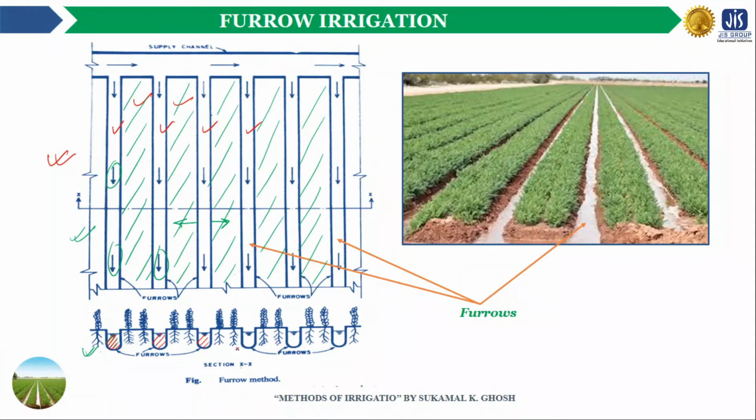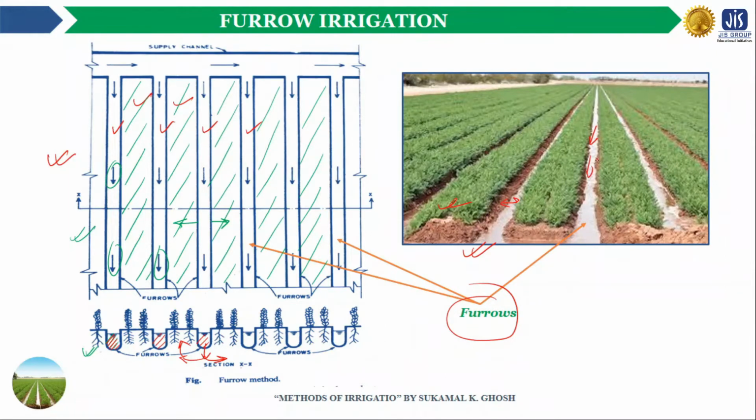The water infiltrates through the soil and spreads laterally, and thus it irrigates the crops. This is a picture of an actual agricultural field where the furrow irrigation method has been adopted, and these long and narrow channels are furrows. You can see the water flowing through the furrows.